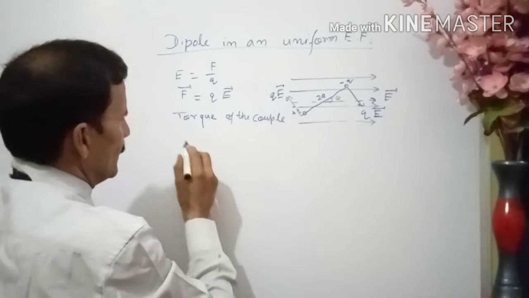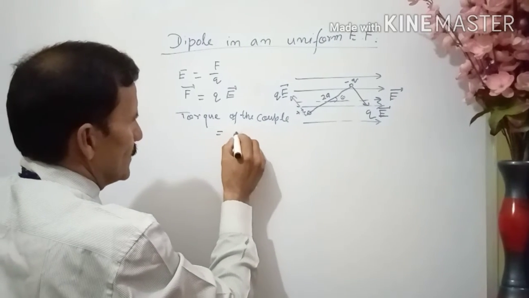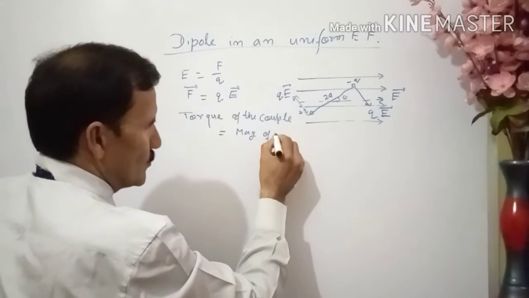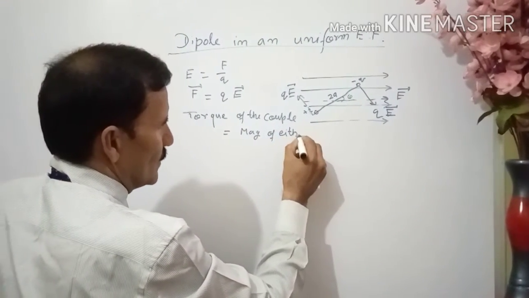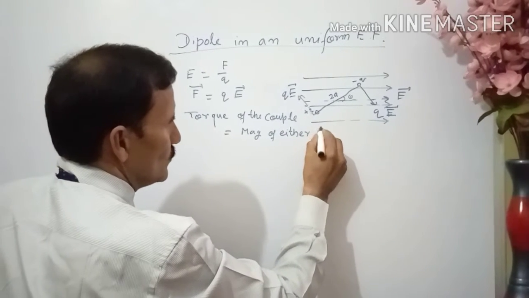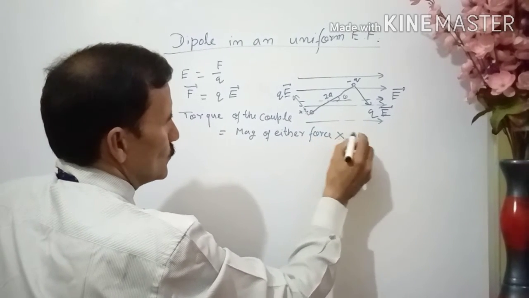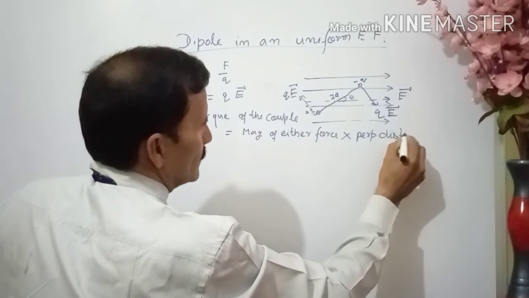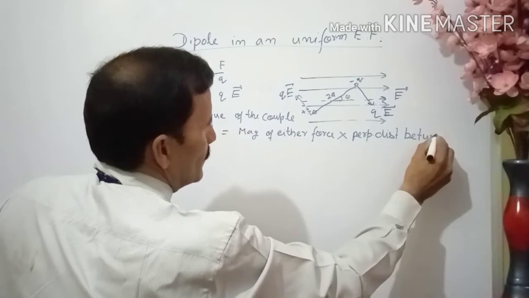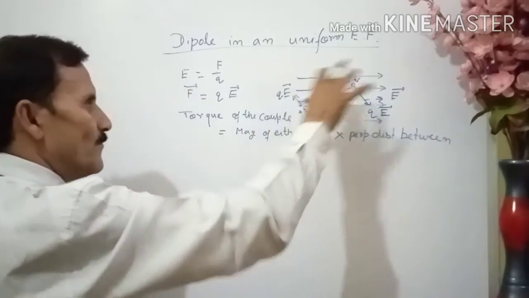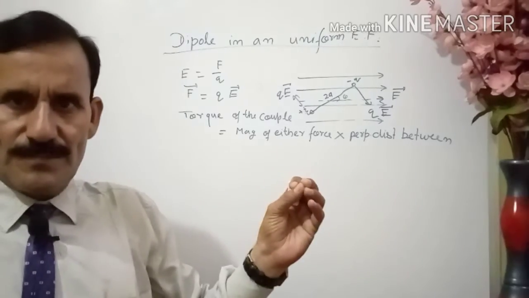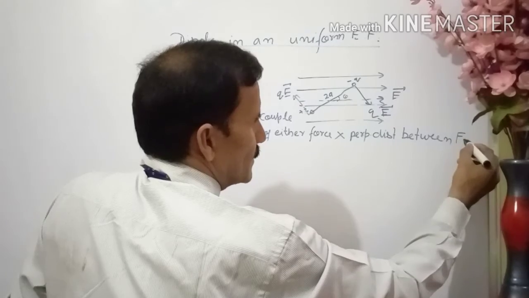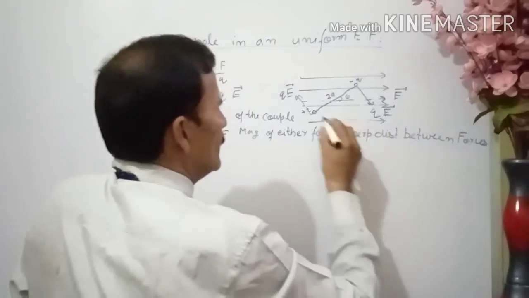What is the definition of the torque of a couple? It is the magnitude of either force, take any one, because both have the same magnitude, multiplied by the perpendicular distance between the lines of action of the forces.